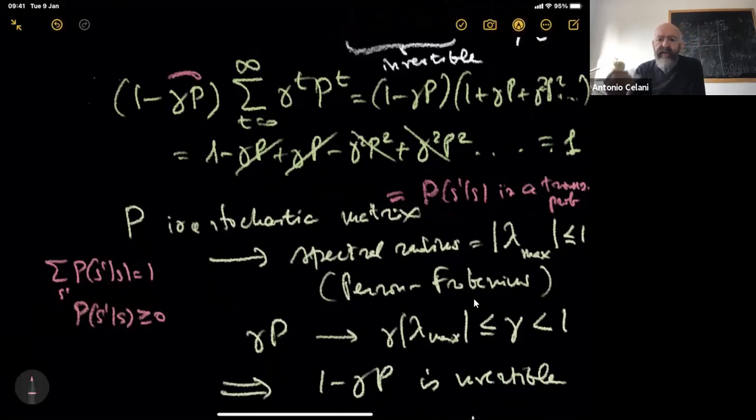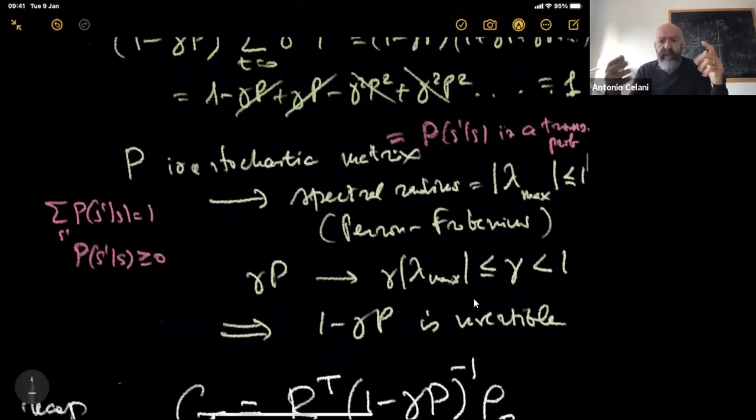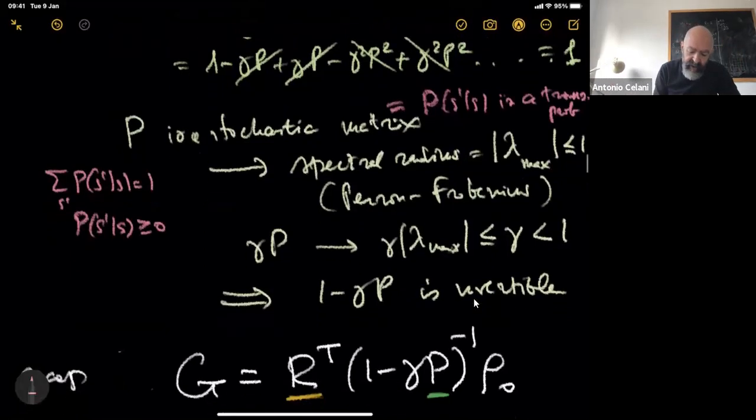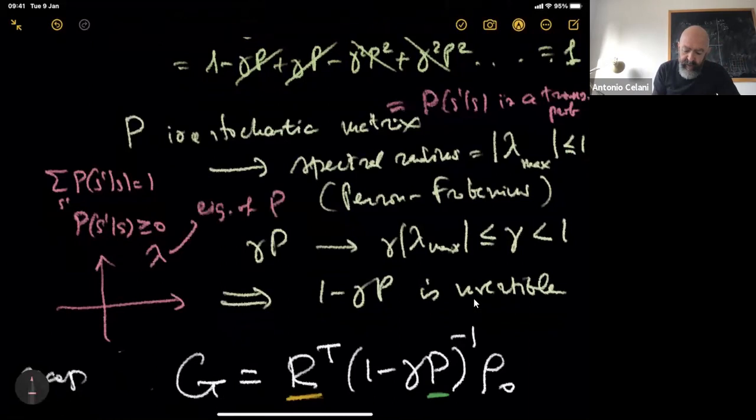Stochastic matrices have nice properties from the viewpoint of eigenvalues. Eigenvalues of a stochastic matrix can be complex because the matrix is not necessarily symmetric. Typically, it isn't. So if you look at the eigenvalues of P, my stochastic matrix, where are they in the complex plane?